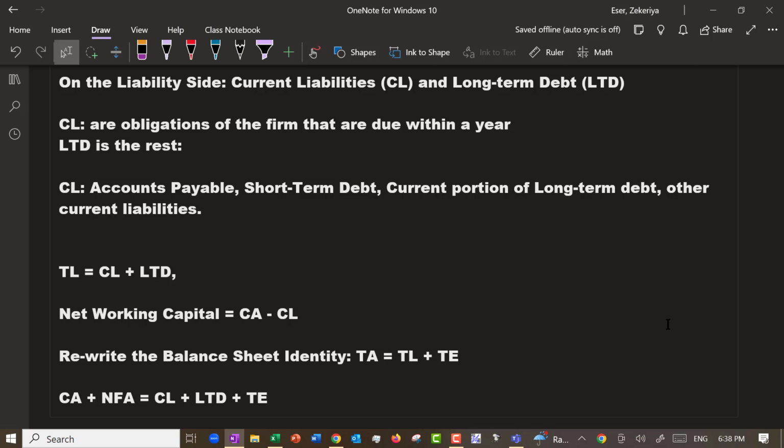And if you transfer current liabilities to the left-hand side, this implies net working capital plus net fixed assets equals long-term debt plus total equity. We're just manipulating the same one.